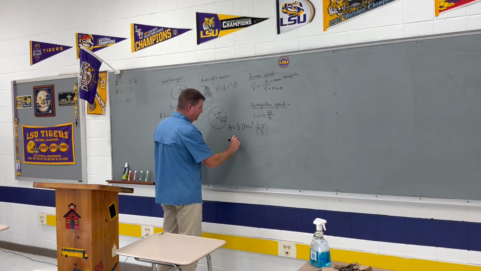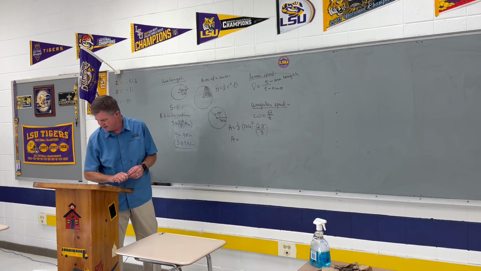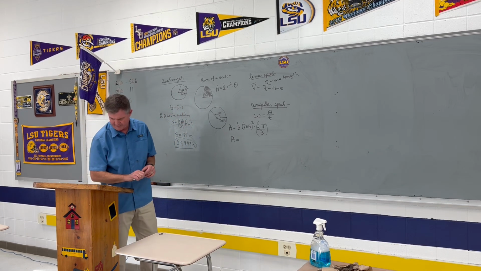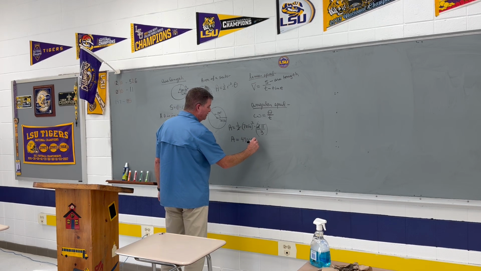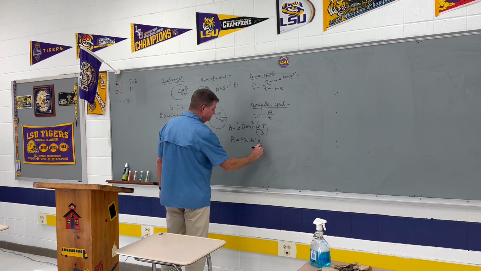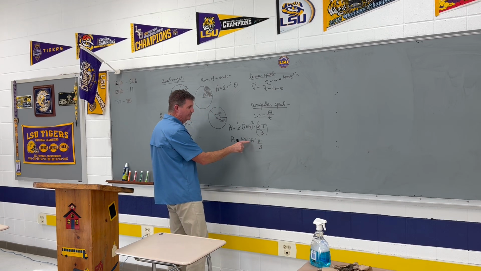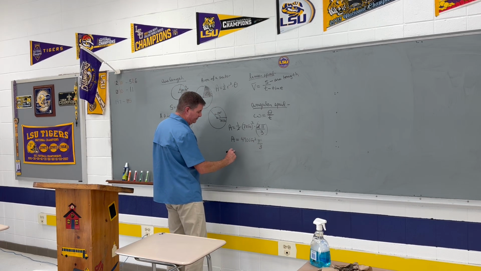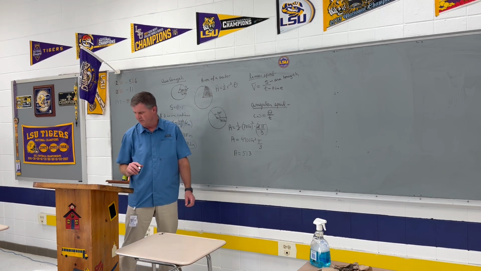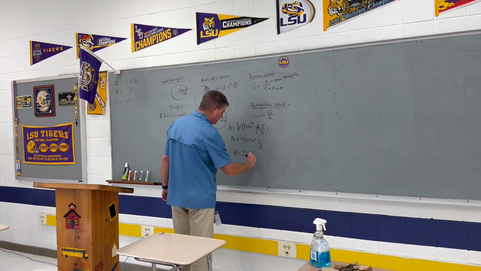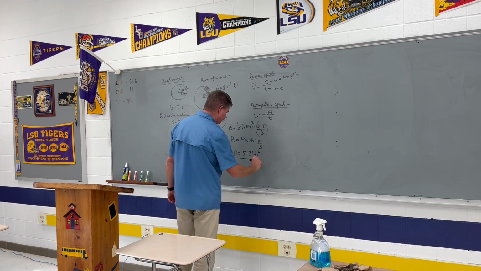So I have the 2 at the bottom and the 2 at the top. They can cancel out. 70 squared is 4,900, and that's feet squared. Pi over 3. And when I take 4,900 multiplied by pi and divided by 3, my area is 5131 feet squared.